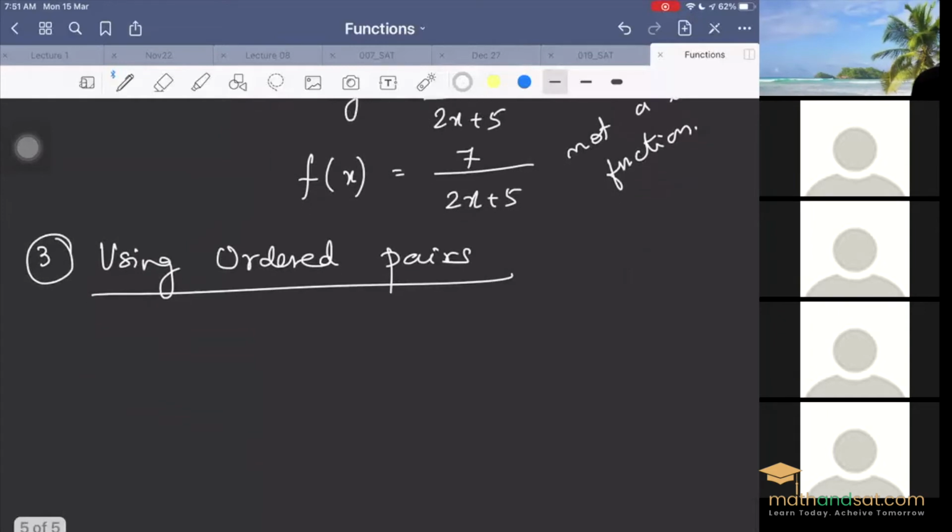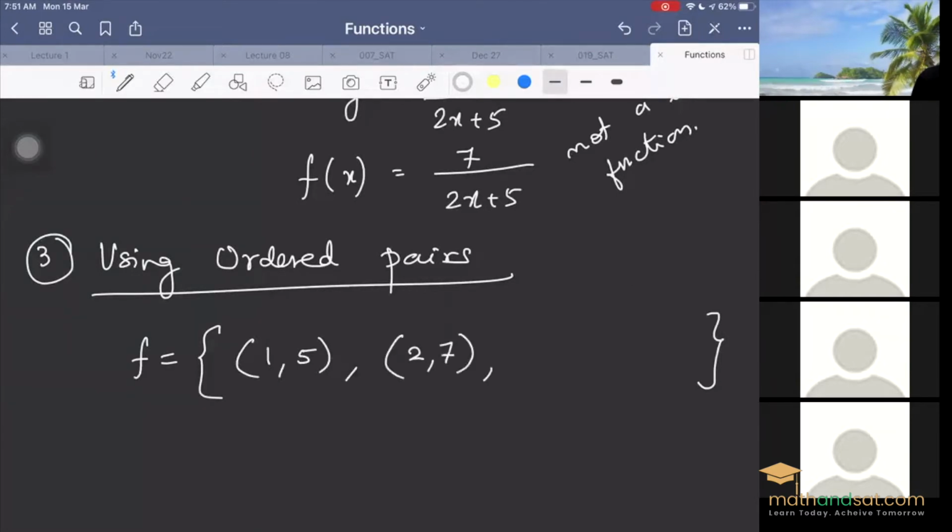Okay, I'll give you an example. See, f is given as (1, 5), (2, 7), (3, 9), (4, 11).